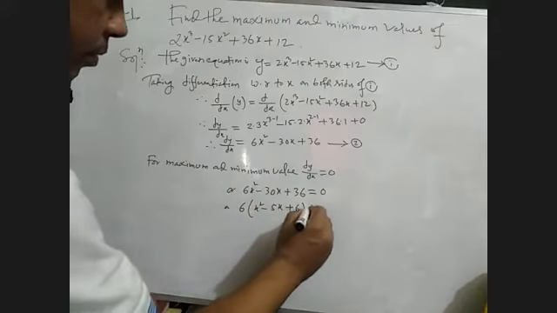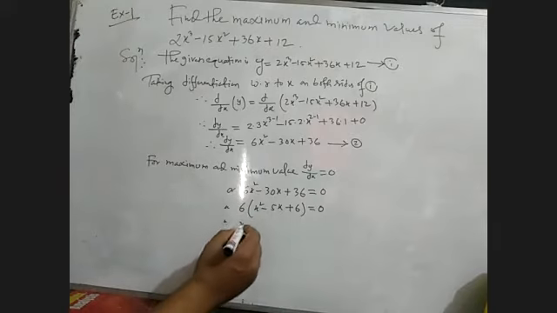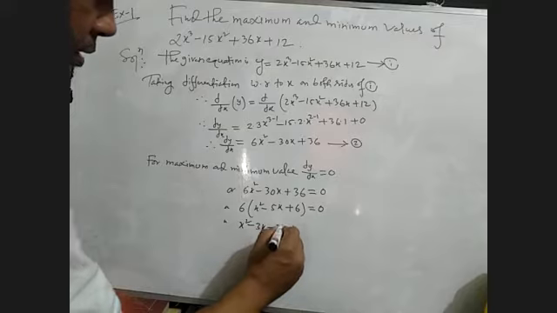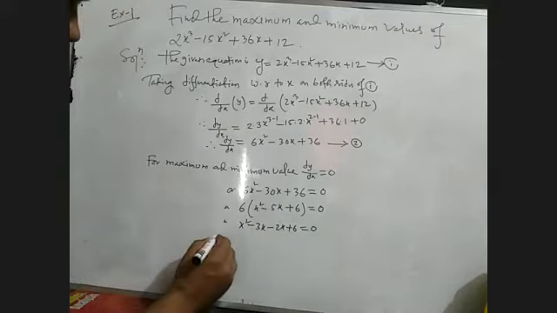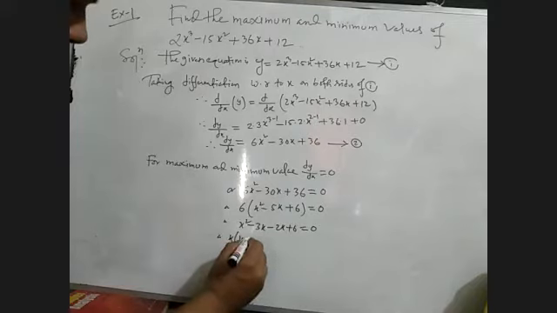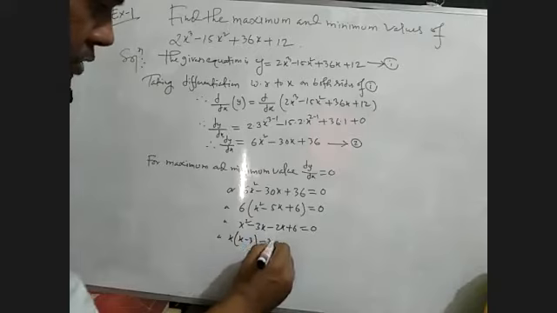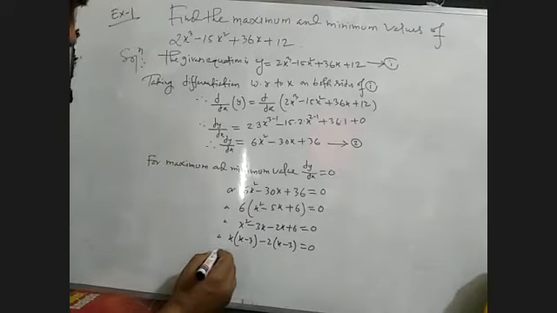x square minus 5x plus 6 equals 0. Now taking the middle term factor, x square minus 3x minus 2x plus 6 equals 0, dividing by 6 on both sides. So x into x minus 3, minus 2 into x minus 3, using middle term factor.